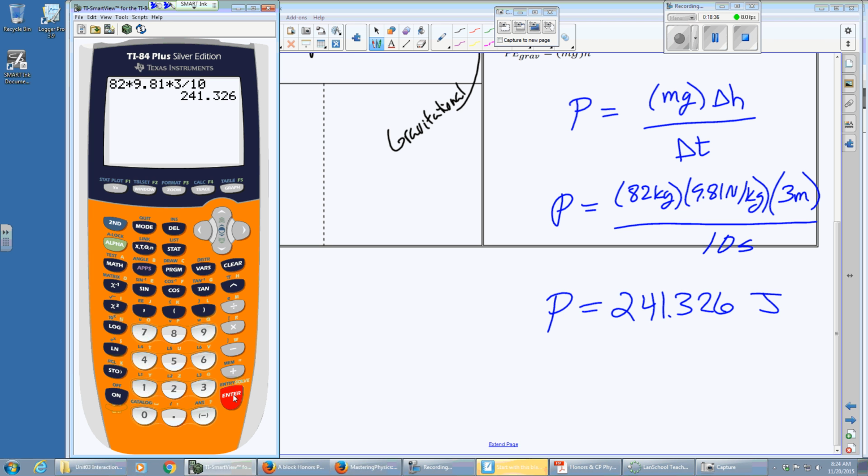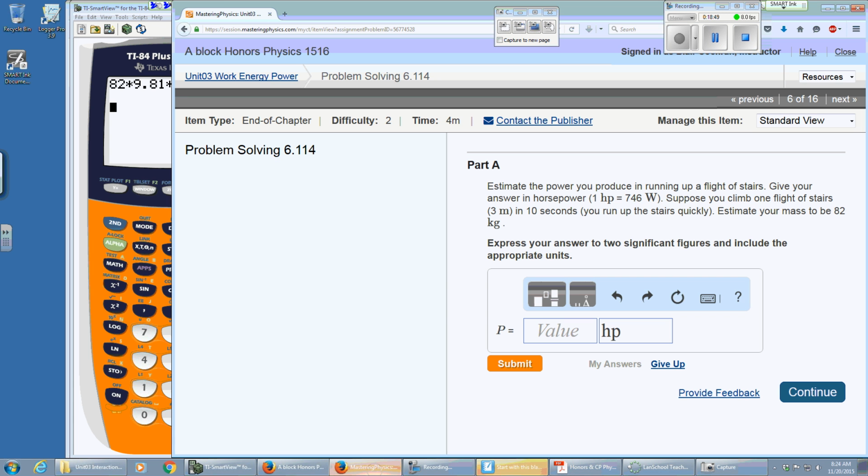Joules per second. And a joule per second is also known as a watt. So a W. And then they tell me for every horsepower, there's 746 watts.